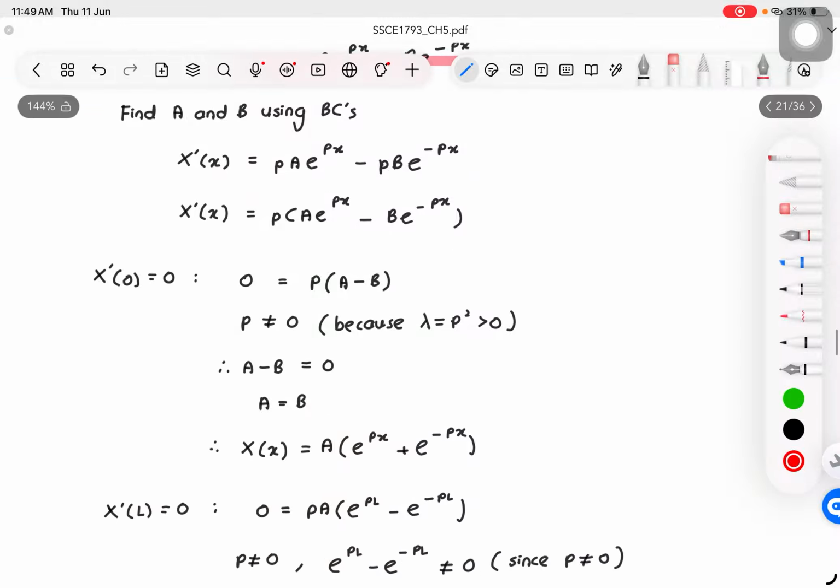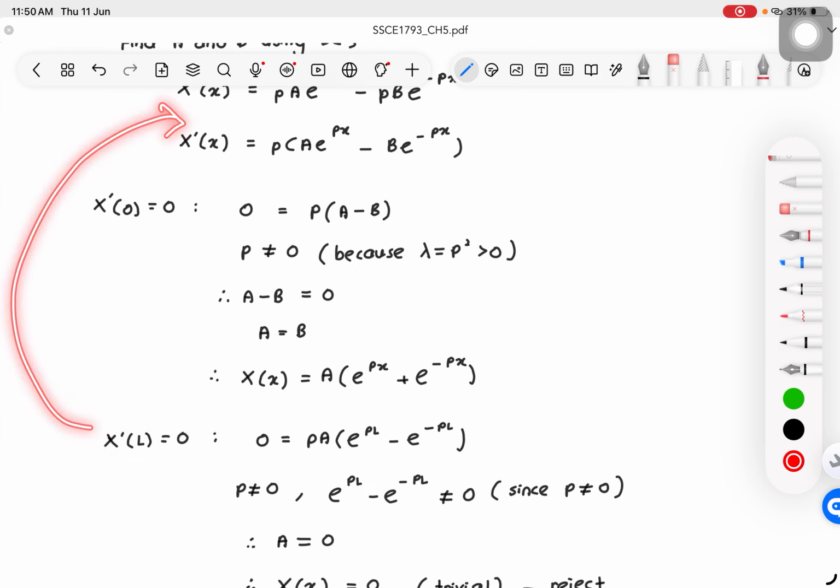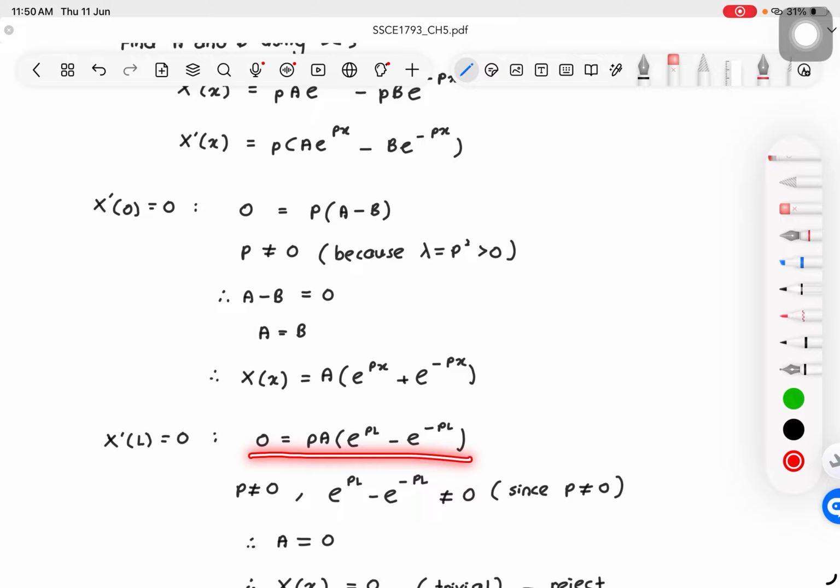Then we test for x prime L is equal to 0. So we substitute inside this equation, and we obtain this one. Same goes here. Which term needs to be equal to 0, and which term will not be equal to 0? We have P, we have A, and we have this one. Same as just now, since this is the second case, lambda is greater than 0, so your P will not be equal to 0.